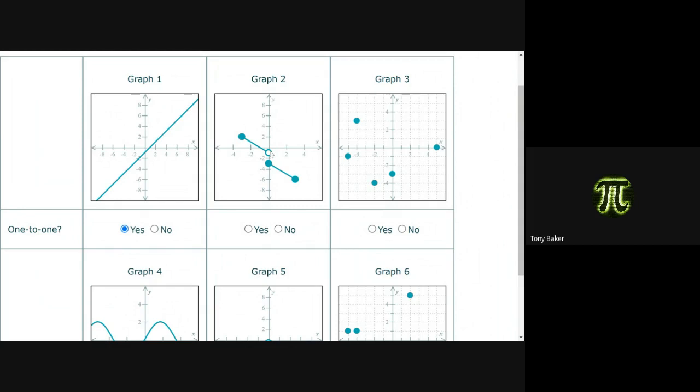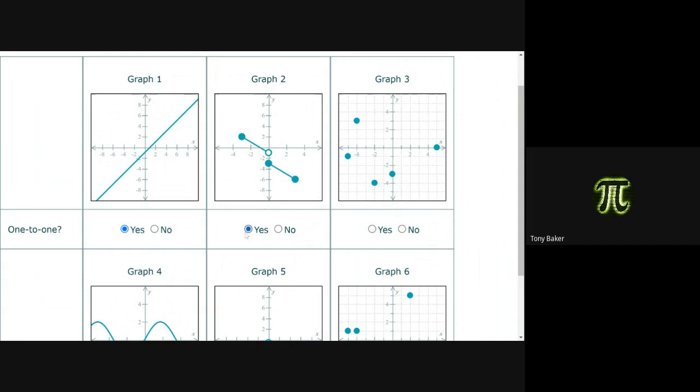Graph 2. For every input, there's still one output. It's a function, right? And if we go the other direction, there's no point where it hits more than once. There is a gap, yes, but it could be a piecewise function. That's possible.